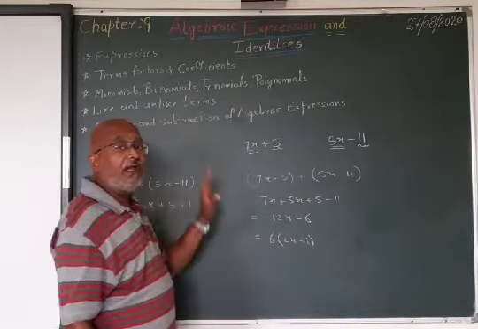If it is subtraction, then say here plus y and here minus xy. Okay, here plus y and here minus xy. So what will you get here? I will write here plus y plus xy, because minus minus becomes plus xy.